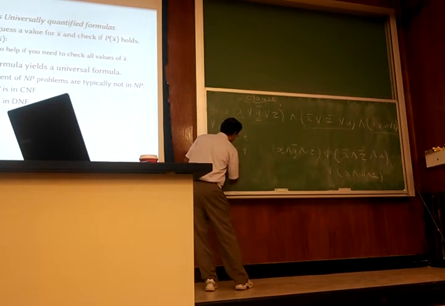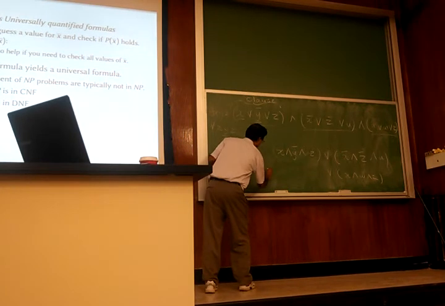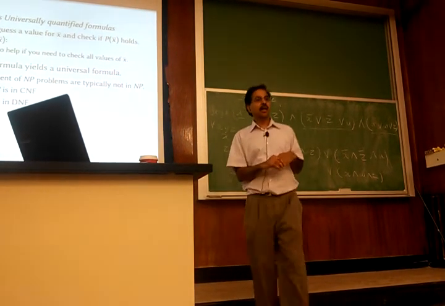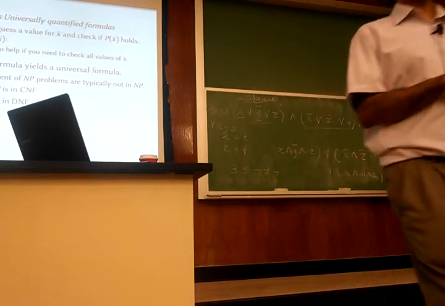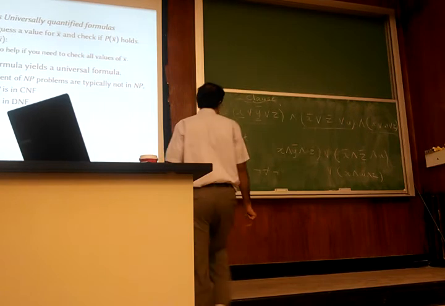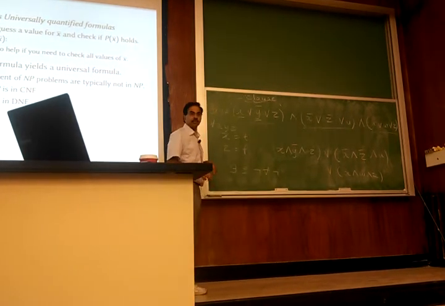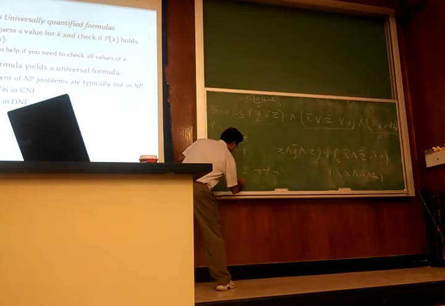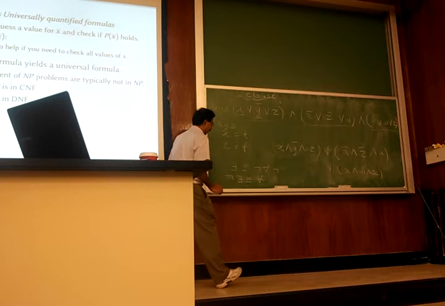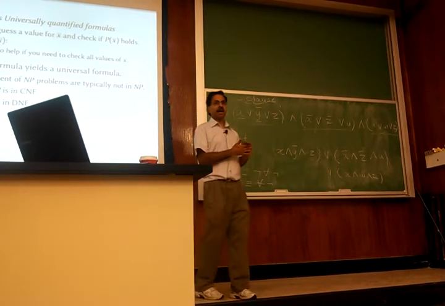Okay? And then again, of course, you all know that exists is the same thing as not for all not, right? So when I say there exists x, that's the same thing as saying not for all. So what this means is that whenever I negate a there exists problem, I have a for all problem.